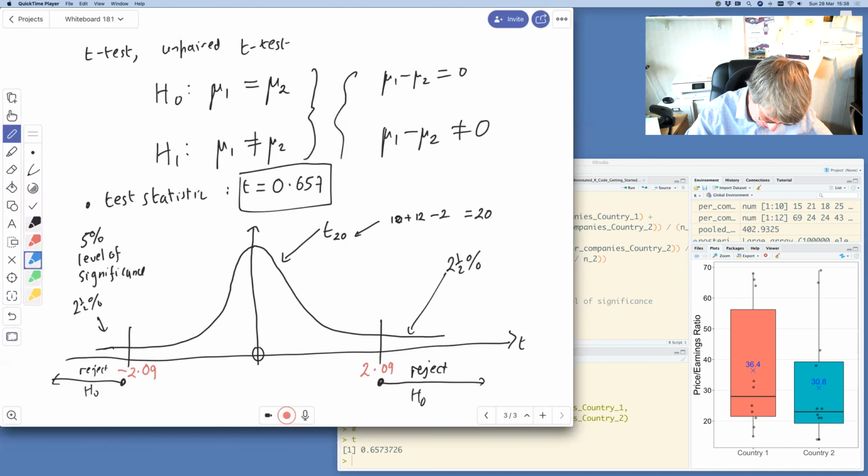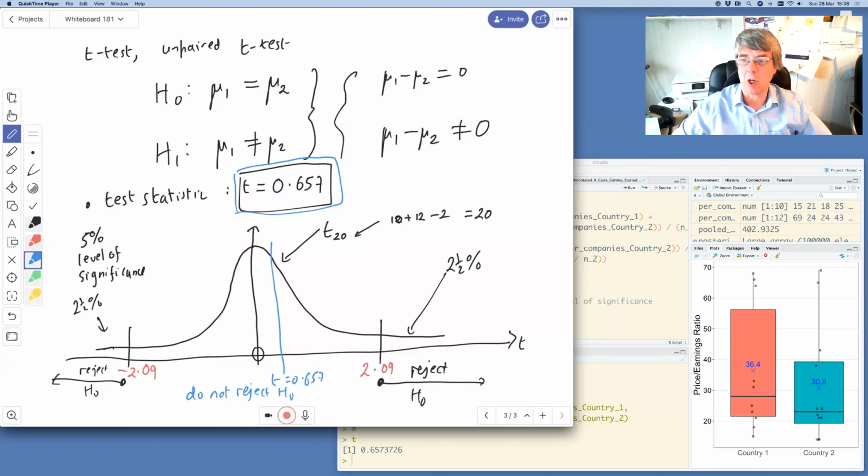Now, our test statistic there is 0.657, so it's going to be about here. And that means we do not reject H0.